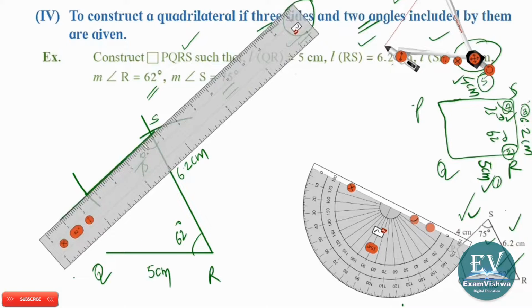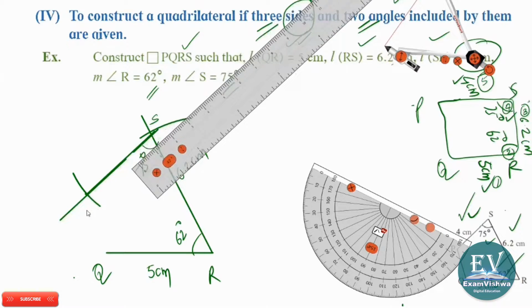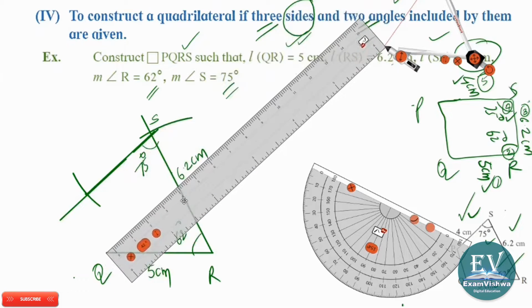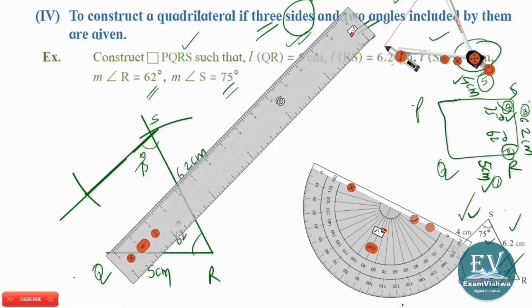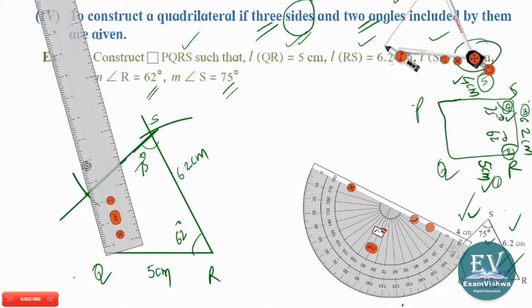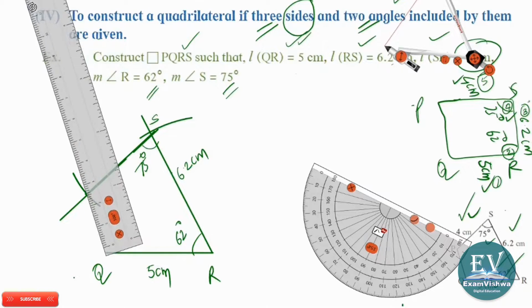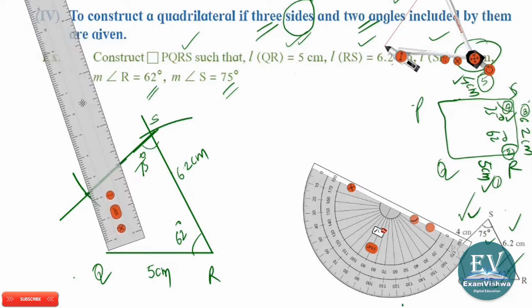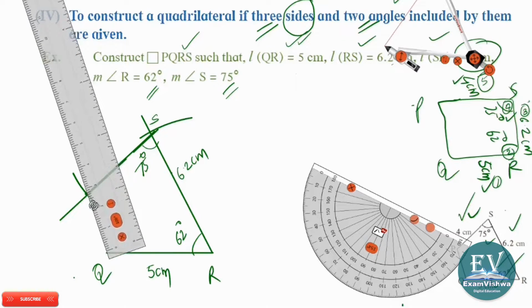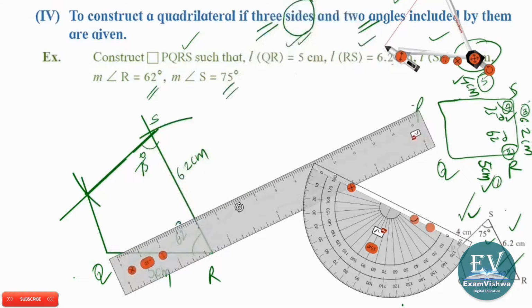That point is P now, and I will continue with the side PQ. To draw PQ, connect that intersection point P and the point Q so that you can draw side PQ of our given quadrilateral. Okay, the construction is over. I can mark P over there.